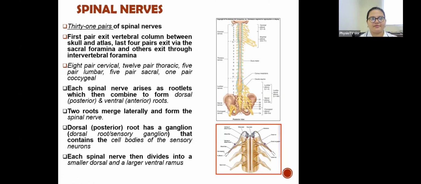Now let's talk about spinal nerves. We have already discussed that there are 31 pairs of spinal nerves. The first pair exits the vertebral column between the skull and the atlas.